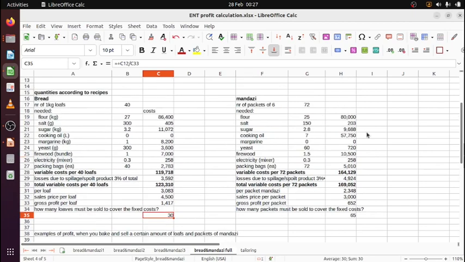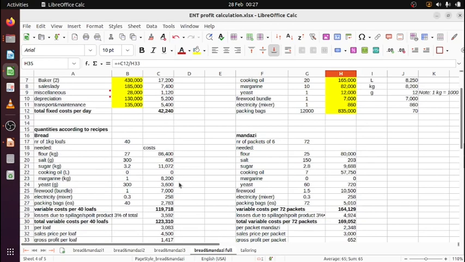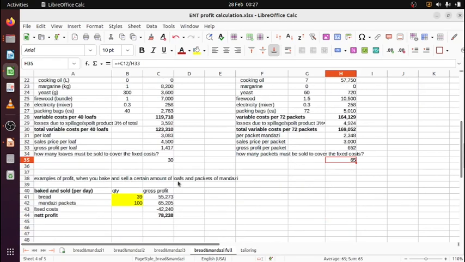This Mandazi, I've done a similar exercise, and then since the gross profit per packet is much less, then of course you have to sell much more to cover your 42,240 fixed costs.